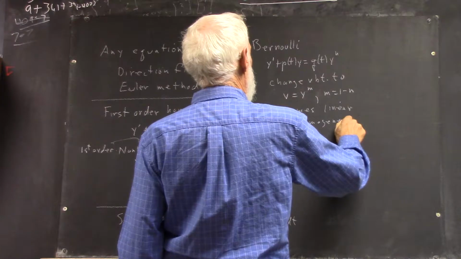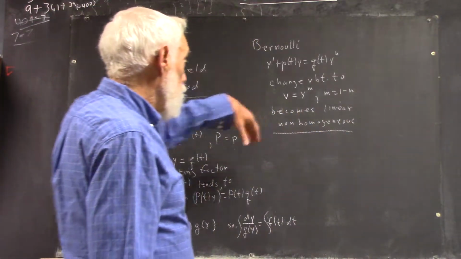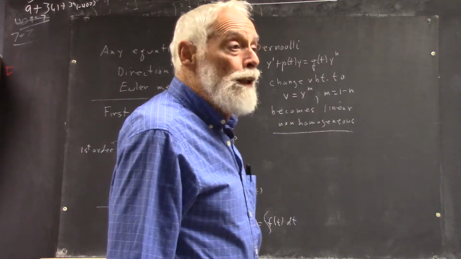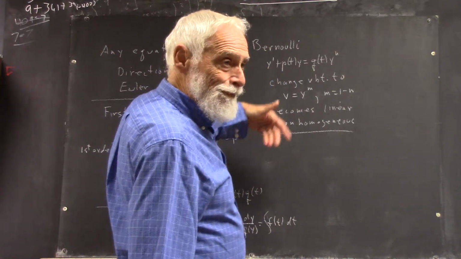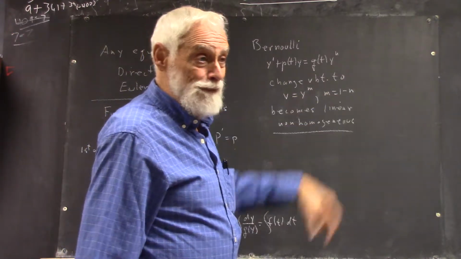It becomes linear and non-homogeneous. Okay? And you gotta be able to do that change of variable, and ideally derive m equals 1 minus n. Okay?